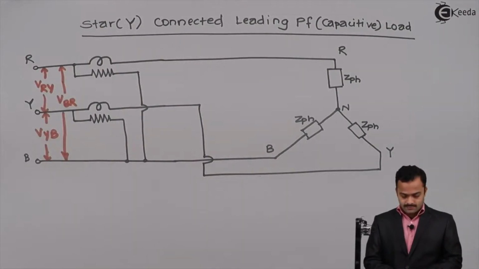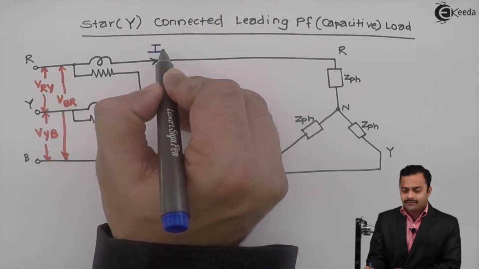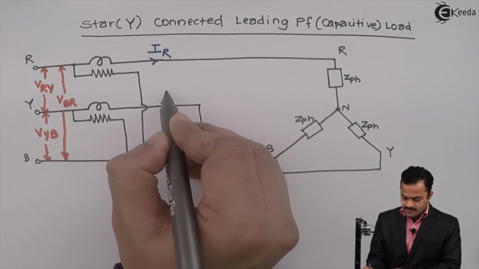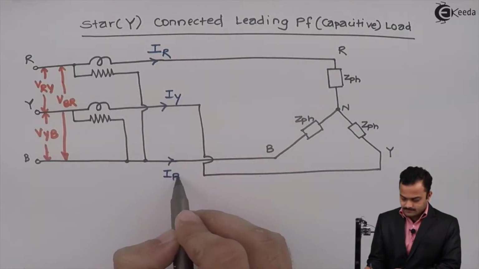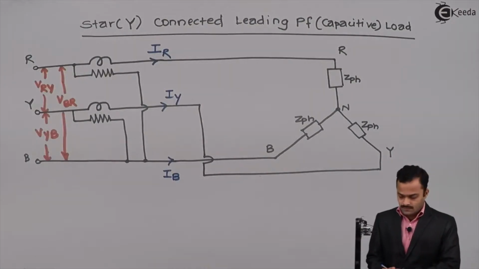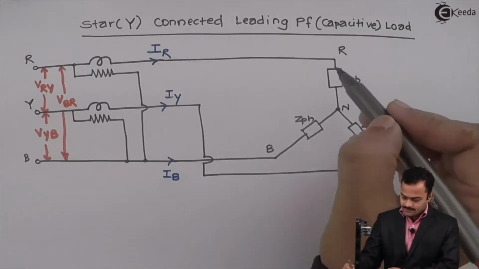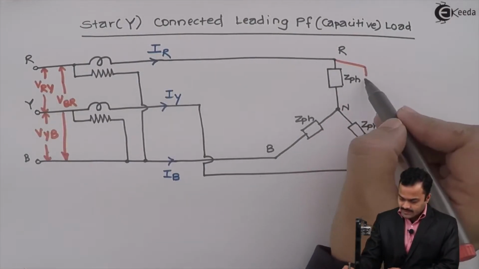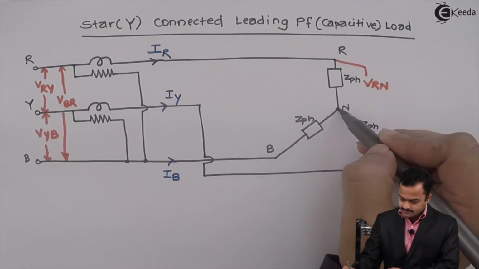Let's mark line currents. The R phase will carry IR, Y phase IY and B phase IB. Let's go to the load side. The voltage between R and N is a phase voltage represented as VRN.